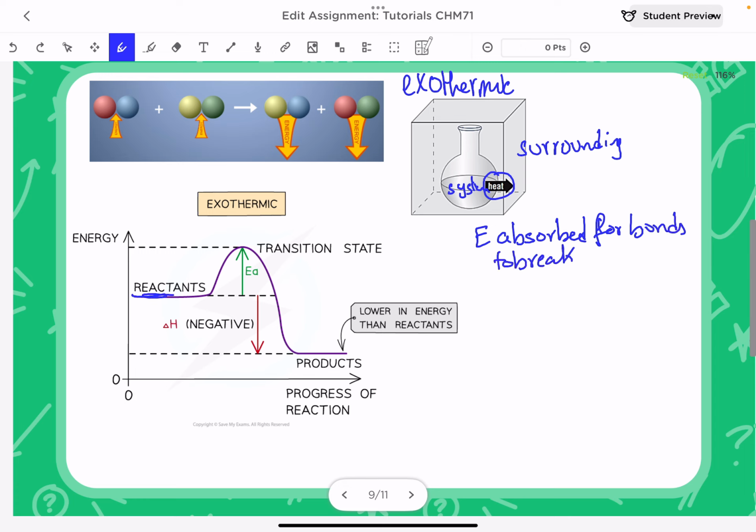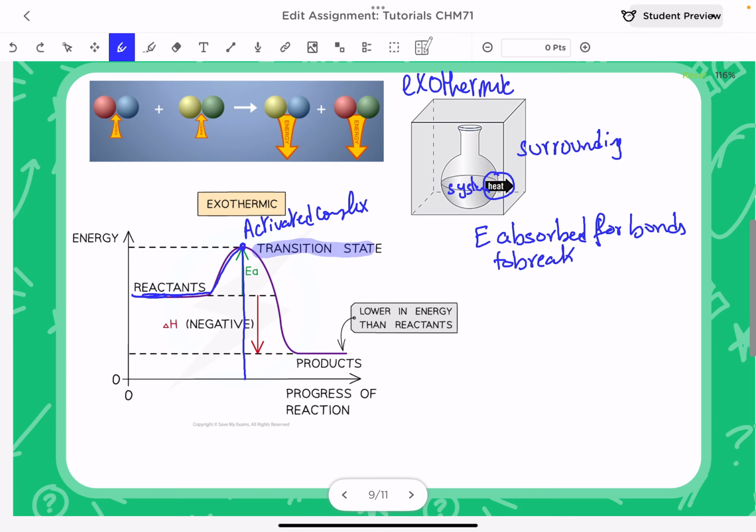Now, when the reactants absorb energy, they reach a transition state called the activated complex. This activated complex is an unstable compound. Like I'm saying, it's a transition state that will move the reactants in order to break their bonds and start forming new bonds to give the products.